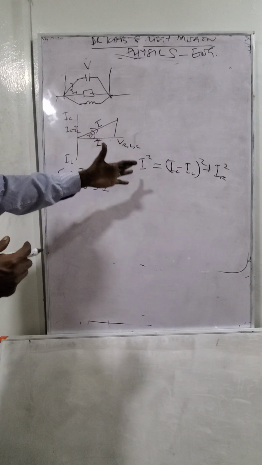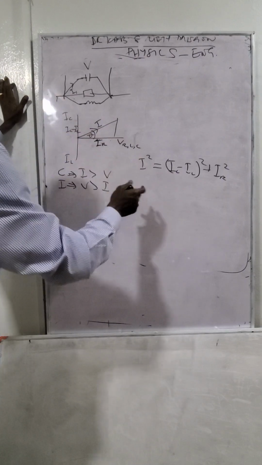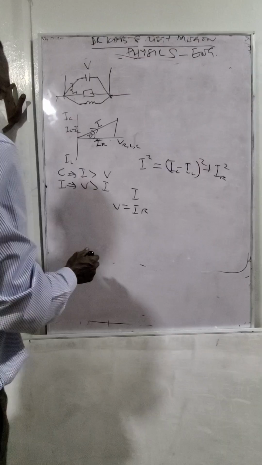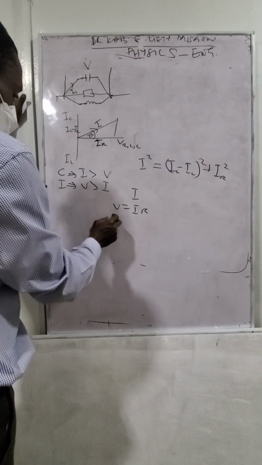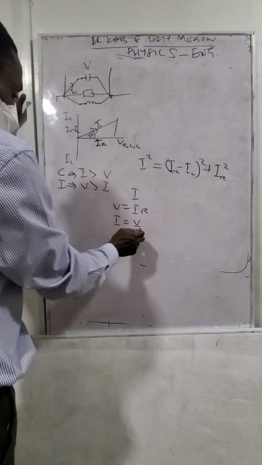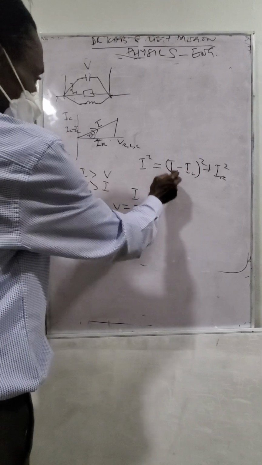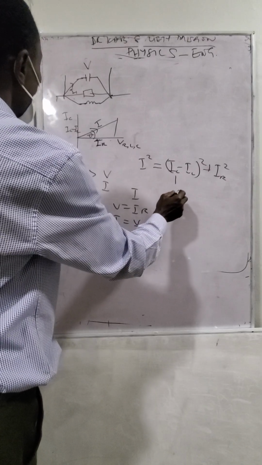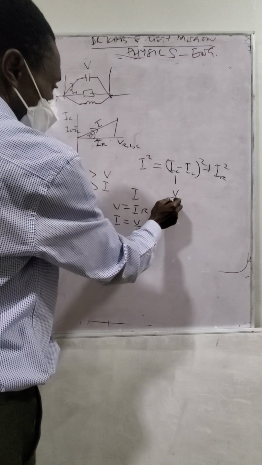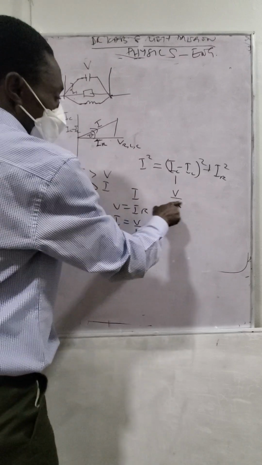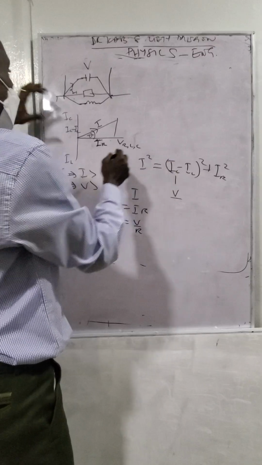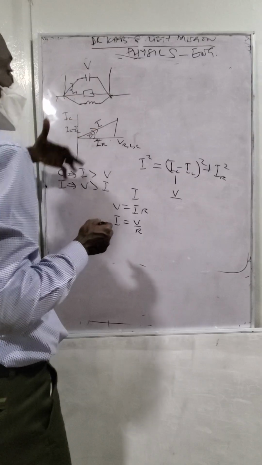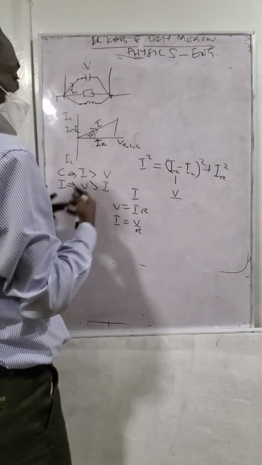And then from here you can work things down, in the sense that you know V is equal to I R, so I is equal to V over R. So you put that expression. The resistance of an inductor or capacitor is called reactance, because it's not in one direction, so you won't say resistance.